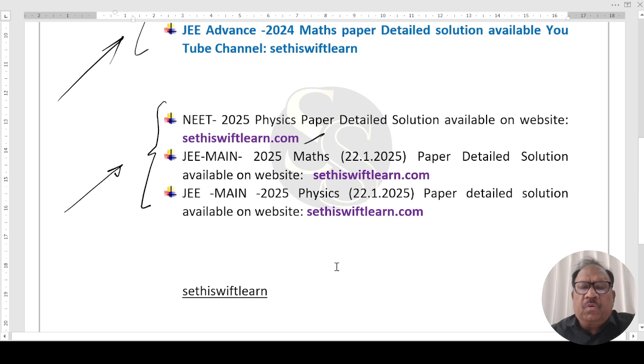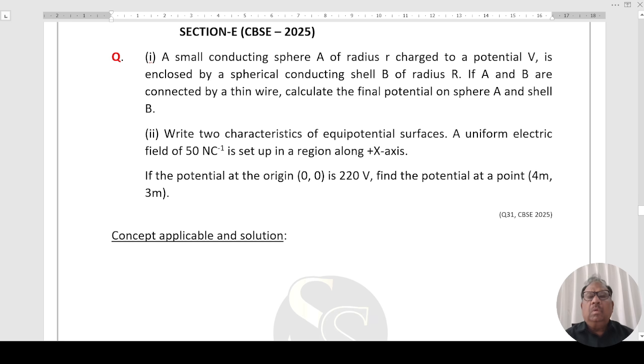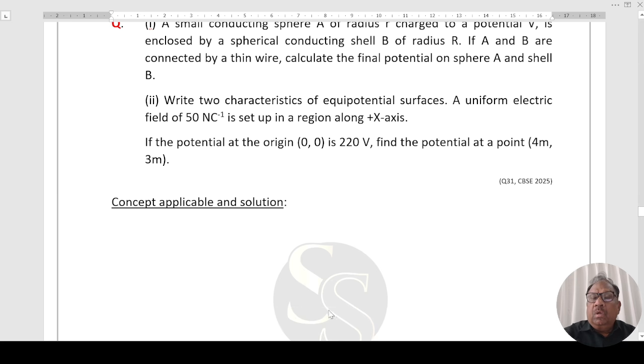Now let's start with the question. A small conducting sphere A of radius R is charged to potential V and is enclosed by a spherical conducting shell B of radius capital R. If A and B are connected with a thin wire, calculate the final potential of the sphere A. The question is from the CBSE paper 2025.